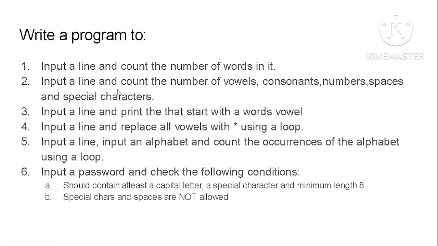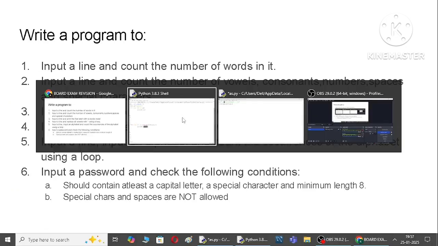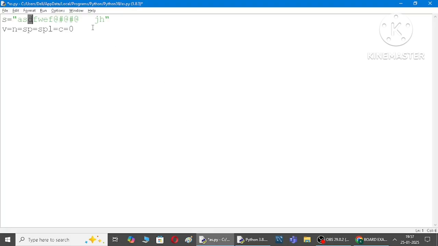Okay. Now, input a line that counts the number of vowels. This was what we were doing. So how to access character by character? Now I'm not going to use the index number. I'm directly going to access the characters. So for every element in the string, I'm going to check if the element is a vowel. What are vowels?